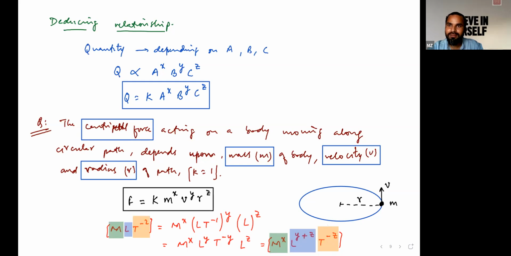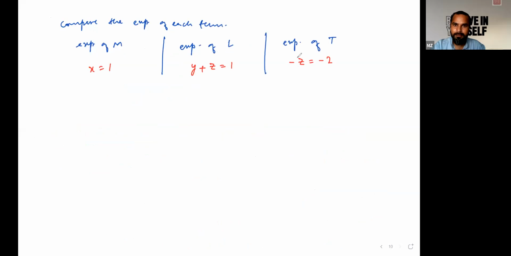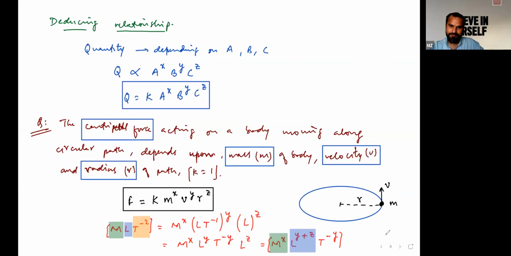I have made a mistake, sorry. It is y plus z and minus y. Okay, good. So the exponent of T is -y, and on the left-hand side it is -2. Now it's correct?